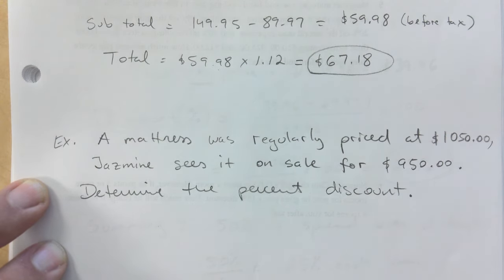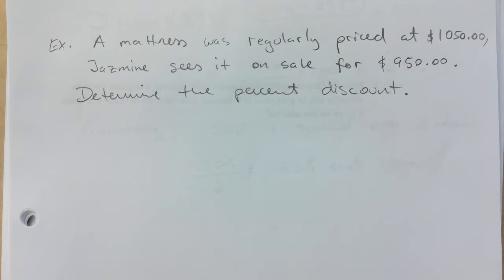A mattress was regularly priced at $1,050. Jasmine sees it on sale for $950. Determine the percent discount.